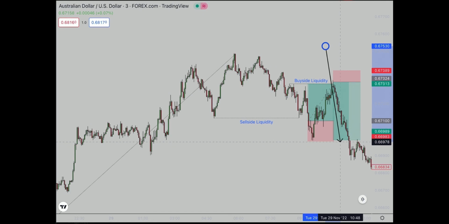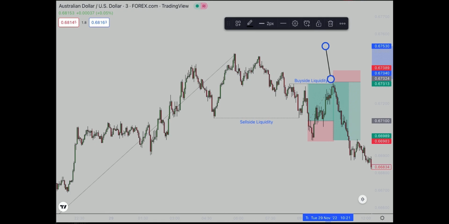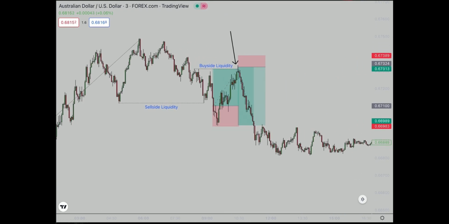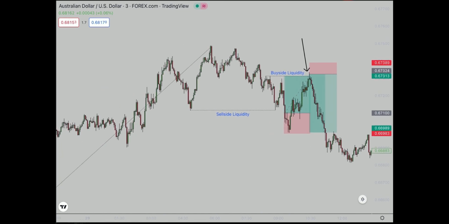That's it. So this pattern combined with time and price theory, market structure and fair value gaps, man, that's all you need.